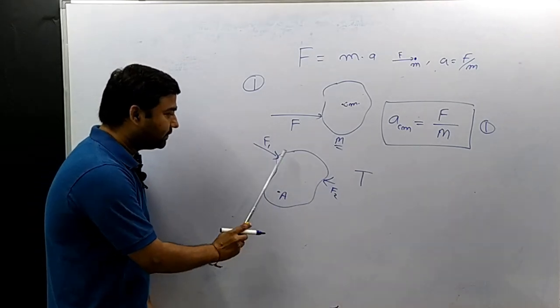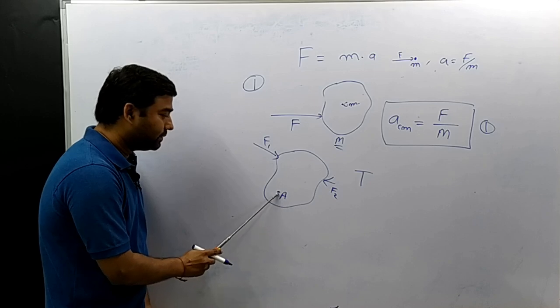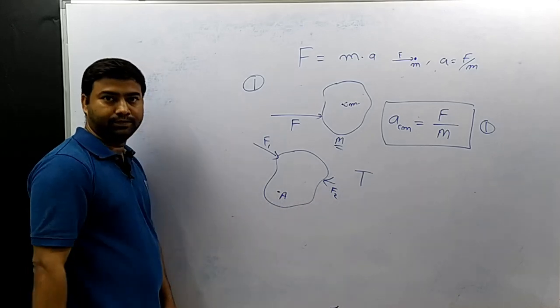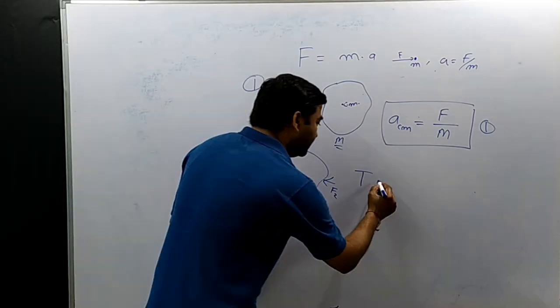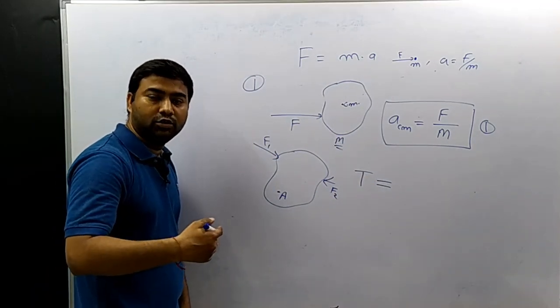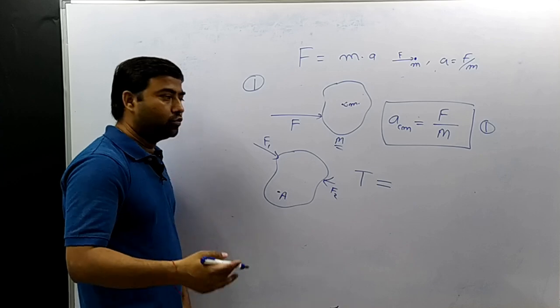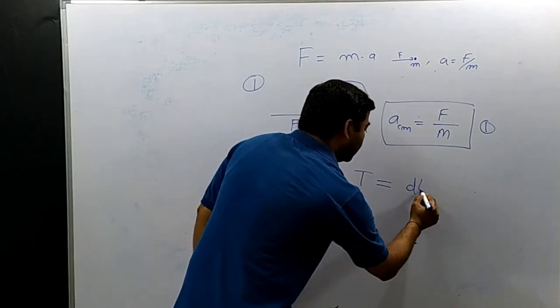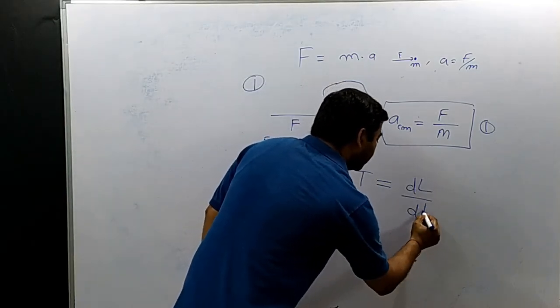The net torque of these forces about A is T. Then T will be the rate of change of angular momentum, that is dL by dt.